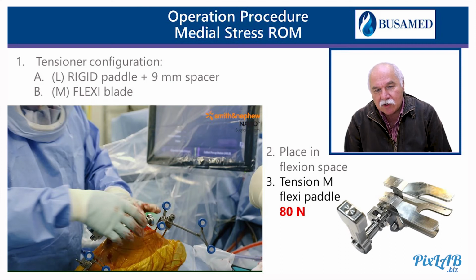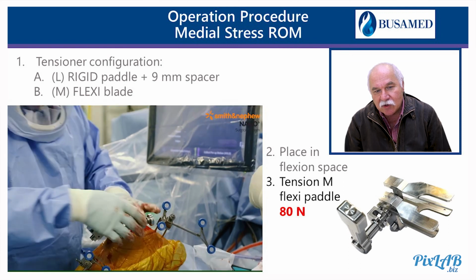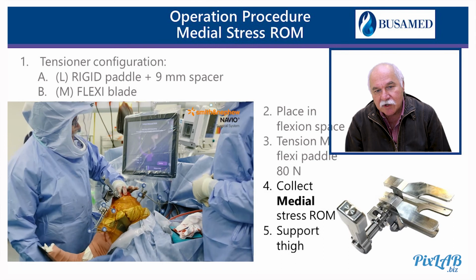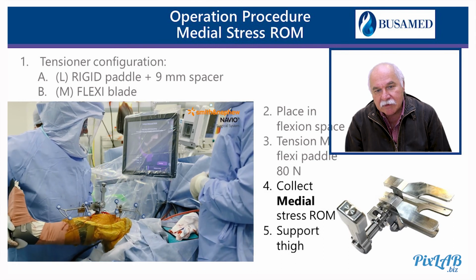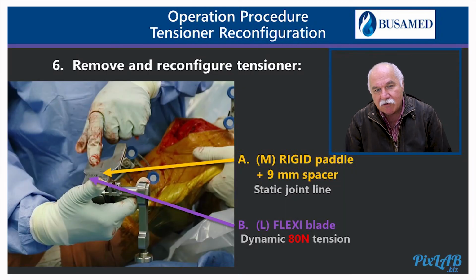There we actually toggle the torque wrench and create our constant 80 newtons of tension in the flexi blade on the right side. We now take the knee through its range of motion. Then we reconfigure the tension blade by changing the rigid blade to the right side and a flexi blade to the left side.